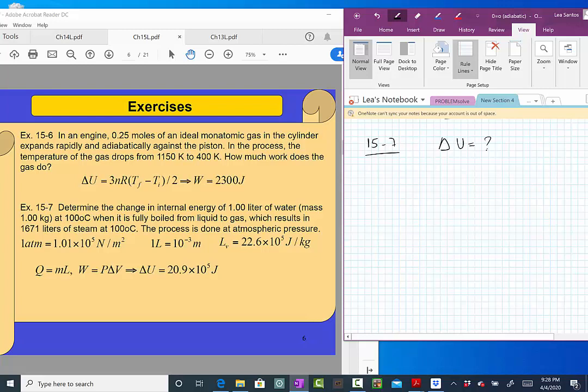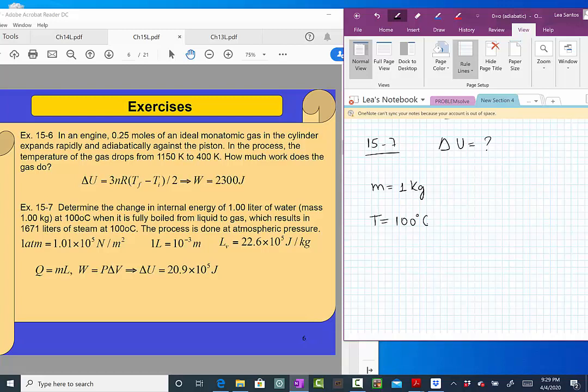The change in internal energy of 1 liter of water. 1 liter of water, we know the mass is 1 kilogram. Initially it's at 100 Celsius and it's going to stay there. It's right at the point where it can boil, and that's exactly what is going to happen. This liquid will boil and transform into gas.